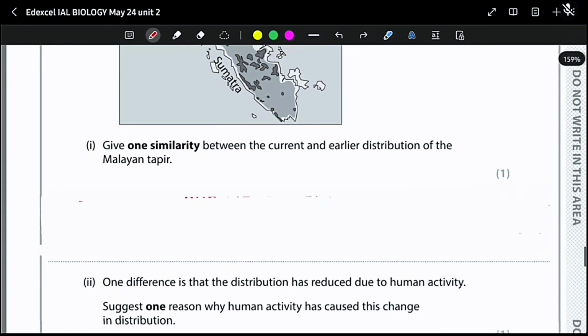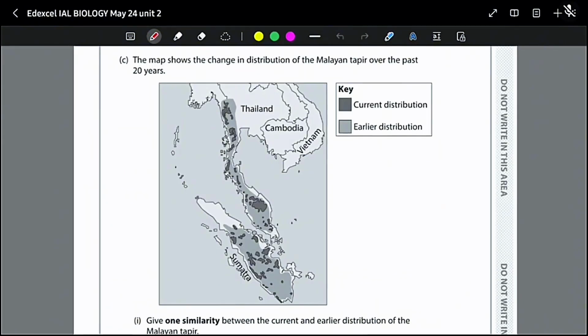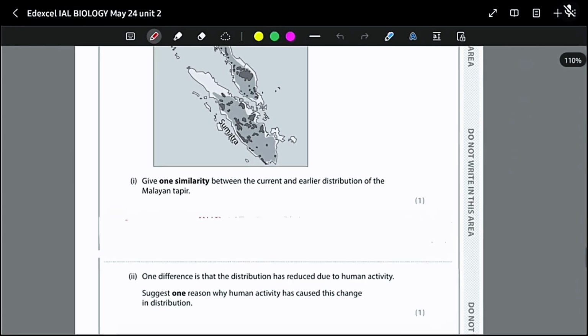Both were found in the same region, or same country. That's the similarity.